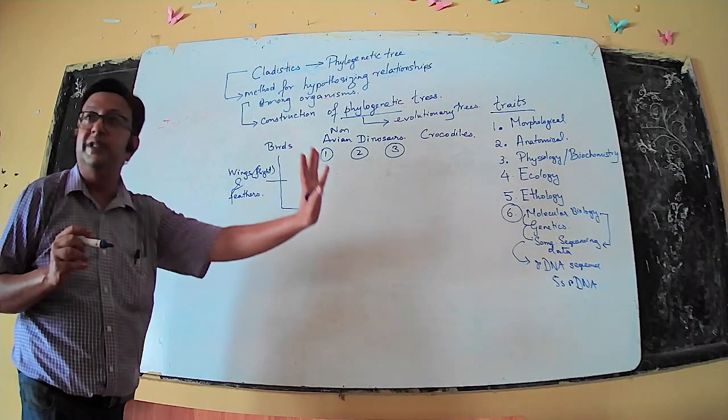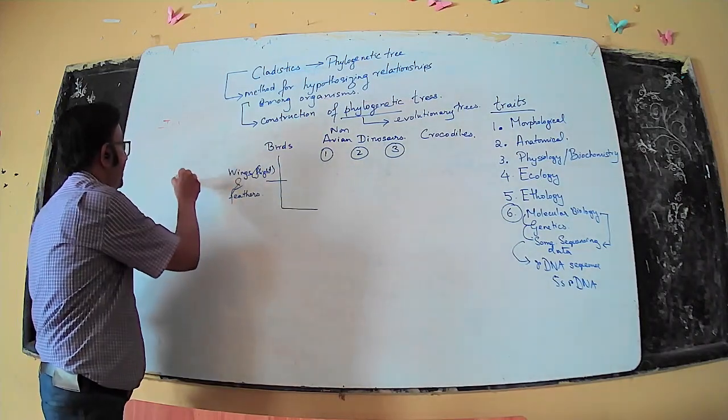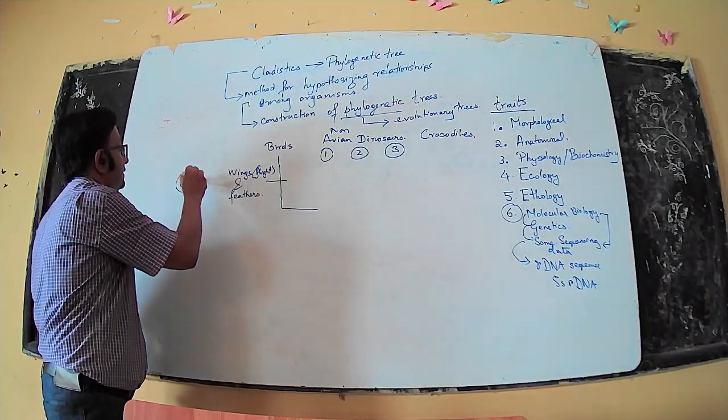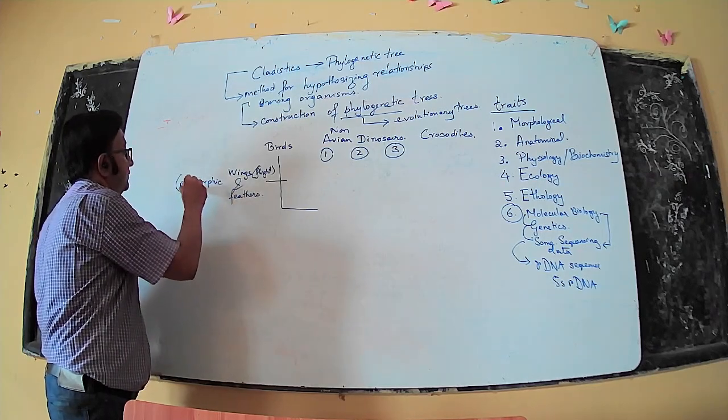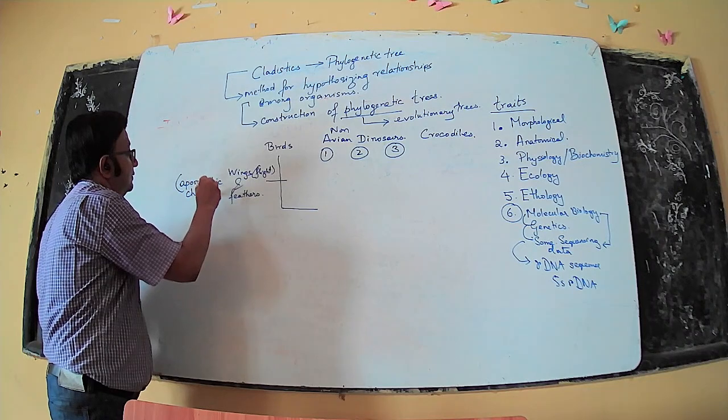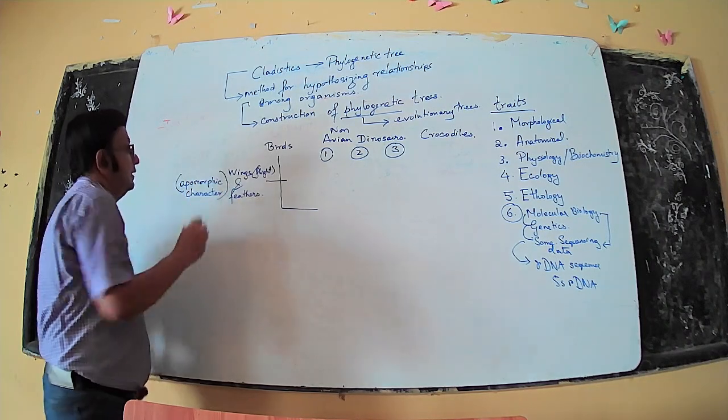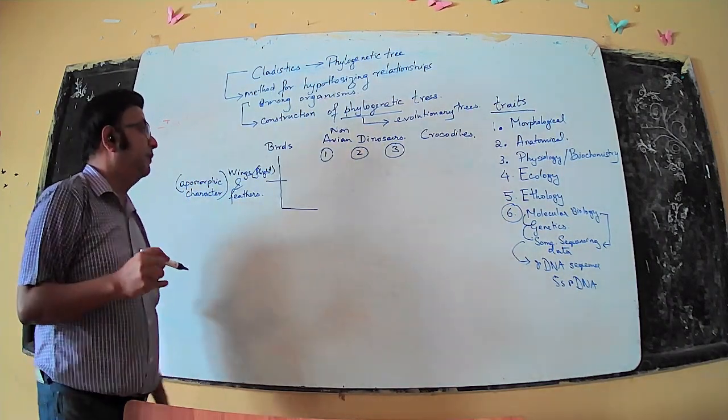Dinosaurs don't have wings and feathers. So this type of character is known as apomorphic character.